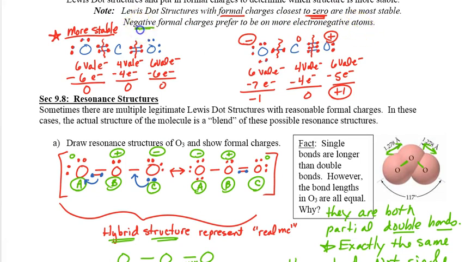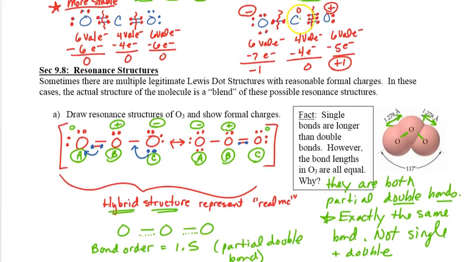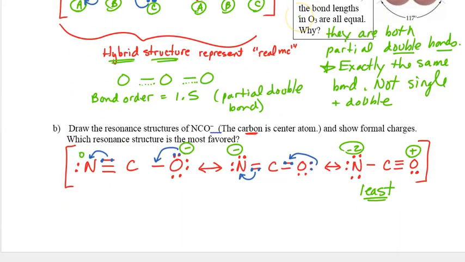So if you have to have a negative formal charge, you want to put it on the more electronegative atom. So let's see if we can figure that out. If we go down to the bottom here now, which one is more electronegative, oxygen or nitrogen? Whichever one is more electronegative, that's the one that's going to be more favored.